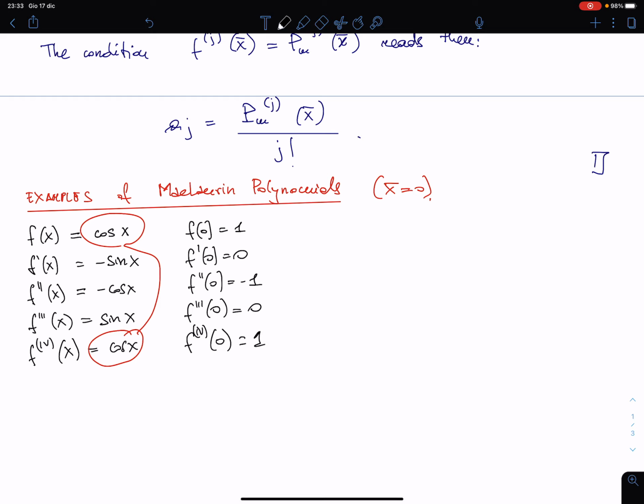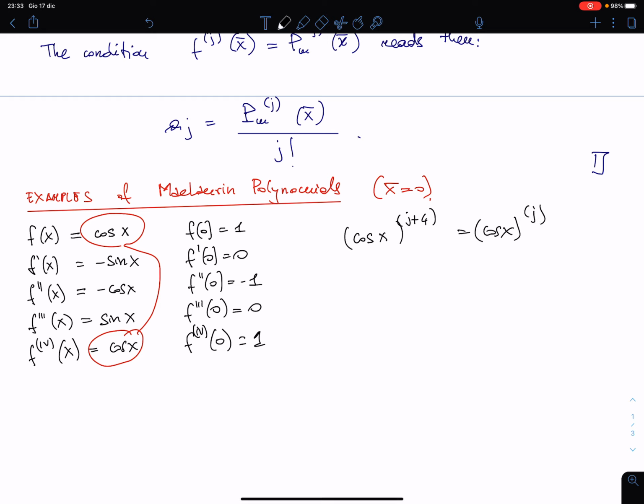Like for sine, if you take the cosine of x and you differentiate j plus 4 times, this is equal to differentiating just j times.